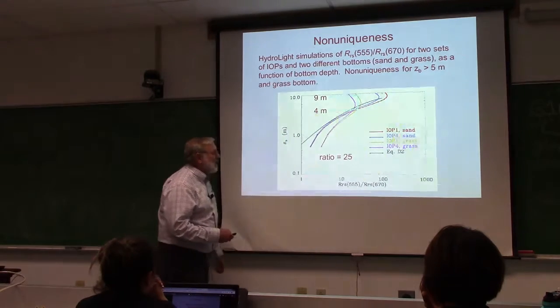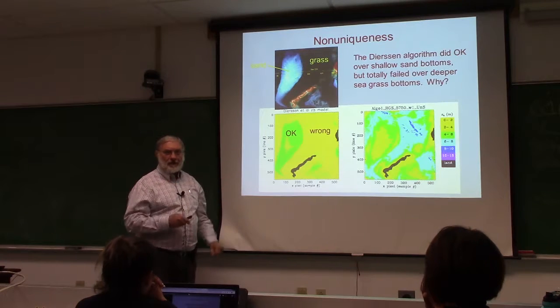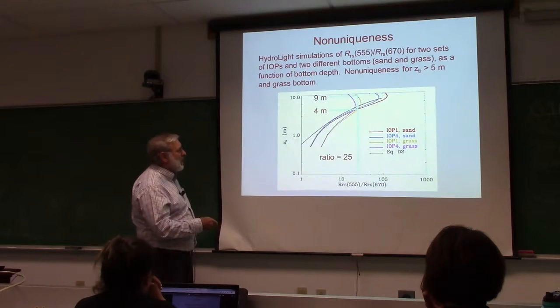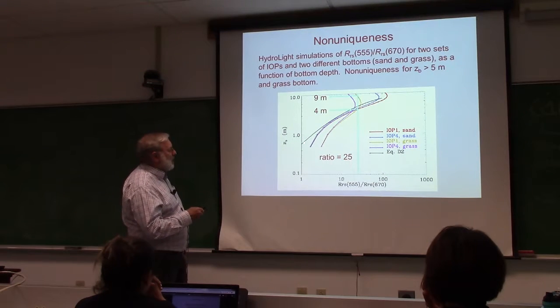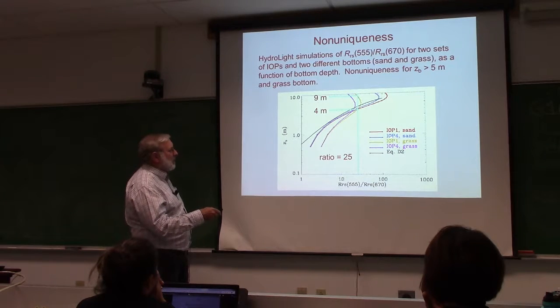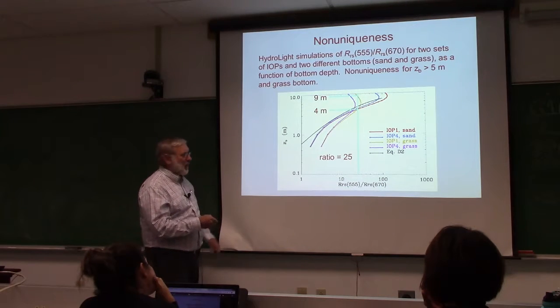So what was happening here is the algorithm was hitting that shallow point, if you wish, instead of the deep point, so non-uniqueness. And then the black line is Heidi's curve, where this would come up and say, oh, right here, this is like 4.8 or 5 meters deep. So not much different from when the sand curve was there, but it just didn't work for the deep water.